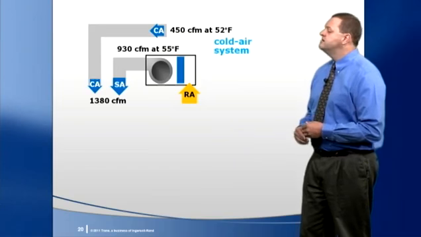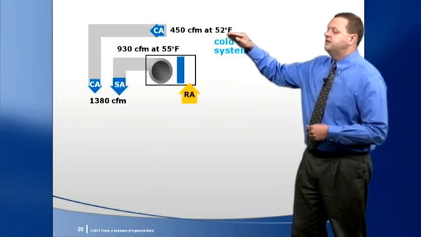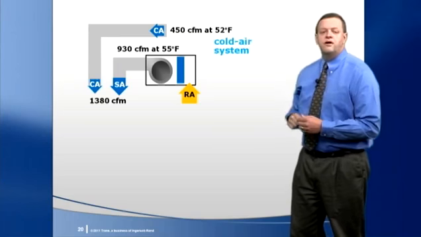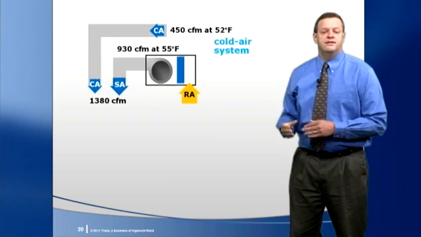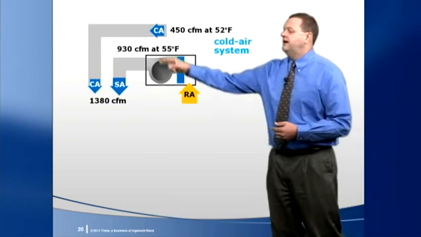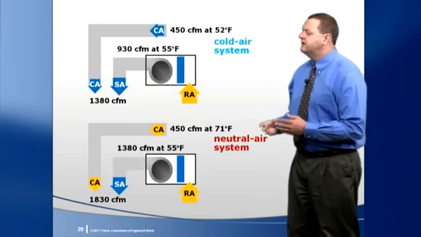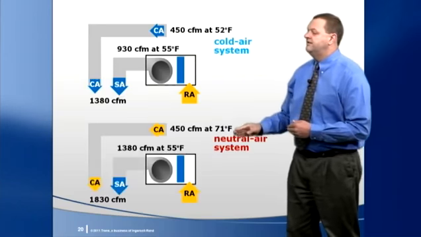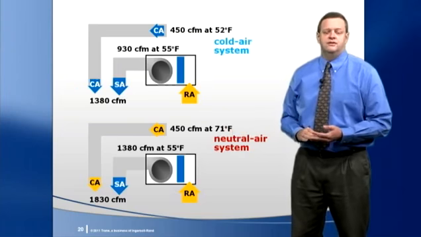Looking at it schematically, when the outdoor air is delivered cold at this 52 degrees directly to the space, it removes part of the sensible cooling load in the space. This means that the local unit can be sized for less airflow and less cooling capacity, 930 CFM in this example. However, if the dehumidified outdoor air is reheated to 71 degrees, it removes very little of the space sensible cooling load.